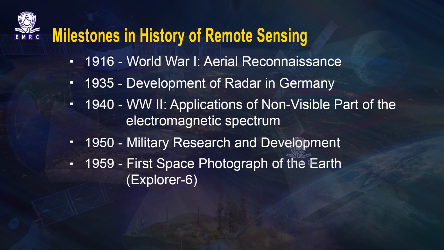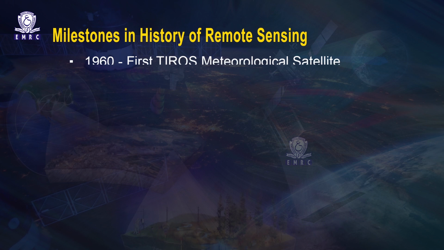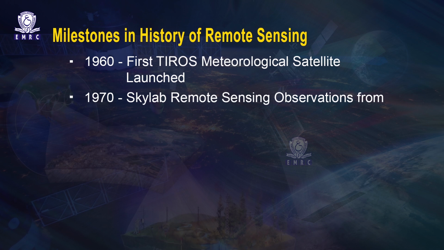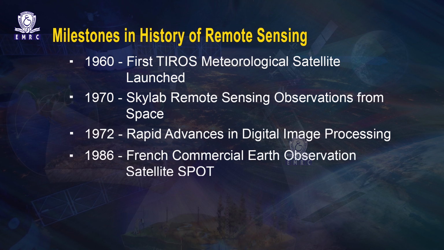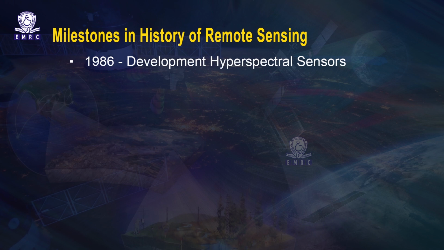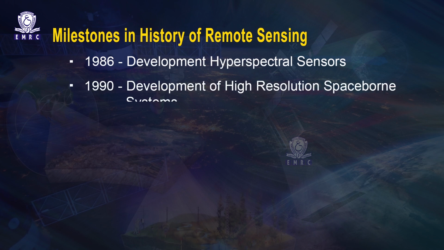1959: First space photograph of Earth, that is Explorer 6. 1960: First TIROS meteorological satellite launched. 1970: Skylab remote sensing observations from space. 1972: Rapid advances in digital image processing. 1986: French commercial Earth observation satellite SPOT. 1986: Development of hyperspectral sensors. 1990: Development of high-resolution systems.